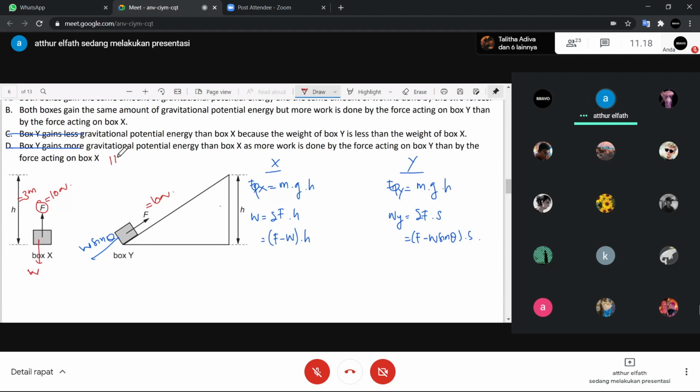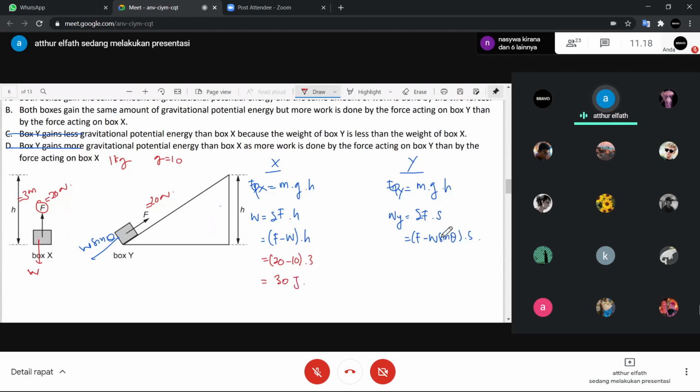Let's say the gravity is 10, and let's calculate this one. Let's substitute 20 minus 10 times 3. This equals 30 joule.